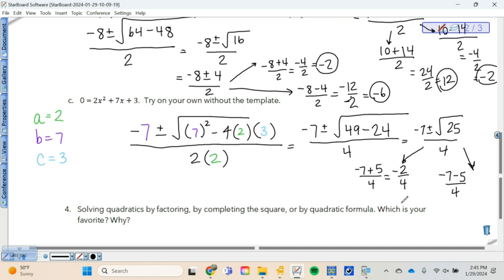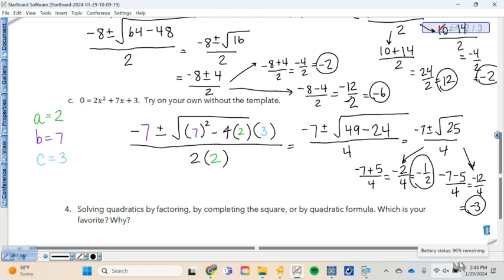And negative 2 divided by 4? Yeah, it's negative 1/2. And then negative 7 minus 5? Negative 12 divided by 4? Good, negative 3. Okay, so again, same answers as what we got on the other side.